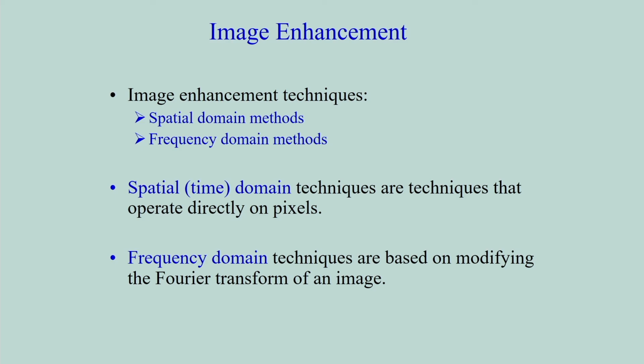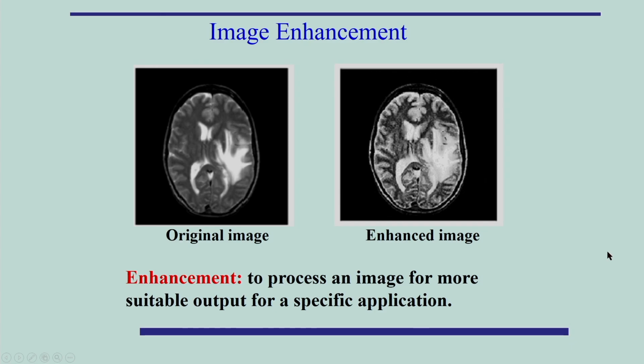In spatial domain, I can operate directly on pixels. So that means I can change the pixel values directly. And in the frequency domain, I can modify the Fourier transform of an image. This concept I have already explained. And in this case, I have given one example of image enhancement. I have the original image and you can see the enhanced image.